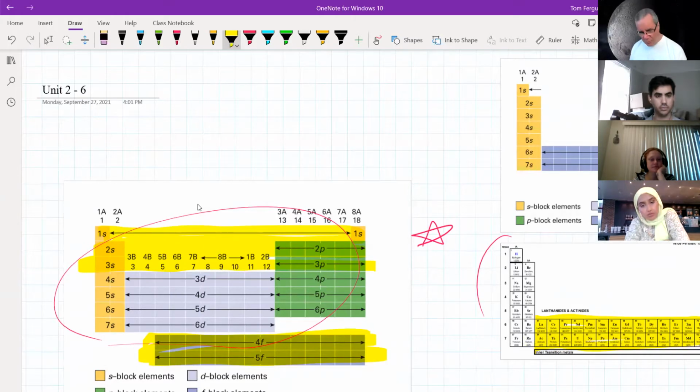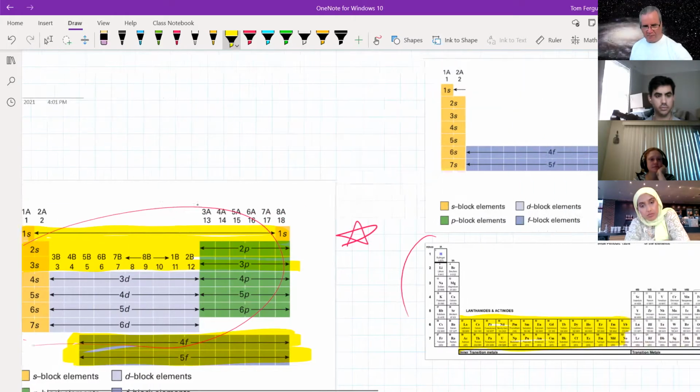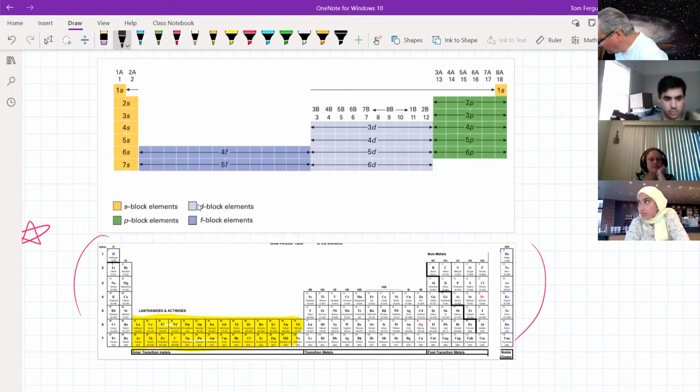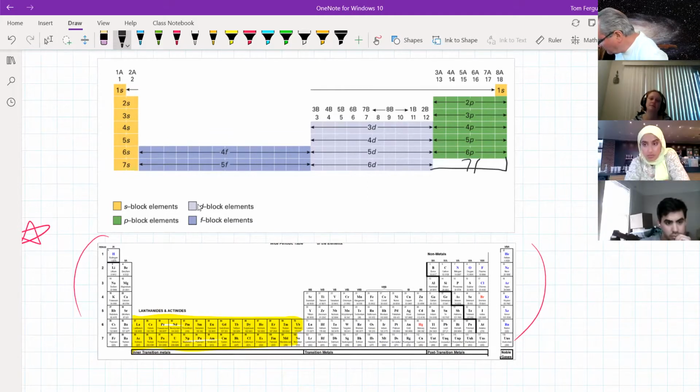So it works. It's just I want to make sure you understand that this is really what it looks like, these two. And then we can add, since this is an older version here, those are 7p electrons over here. Those are all the newly discovered ones within the last 5 to 6 years.